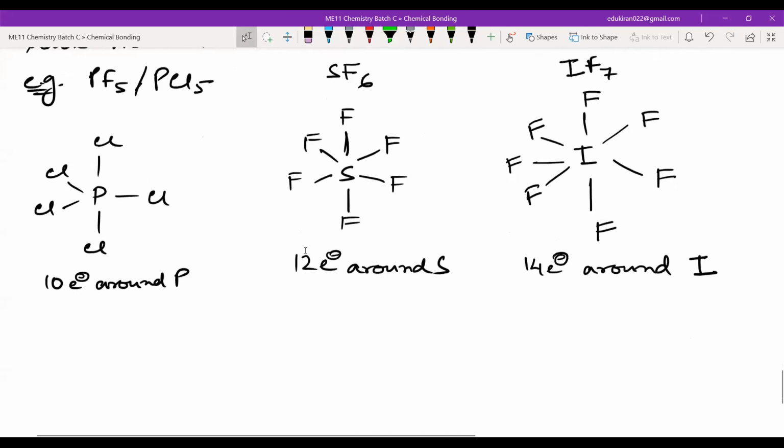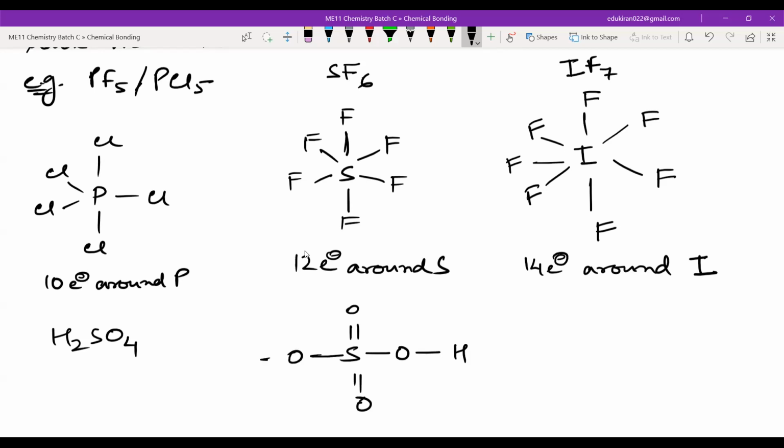Also, with SF6, you can write one more example, H2SO4. H2SO4 has a structure like this: sulfur with a double bond oxygen, another double bond oxygen, OH and OH.